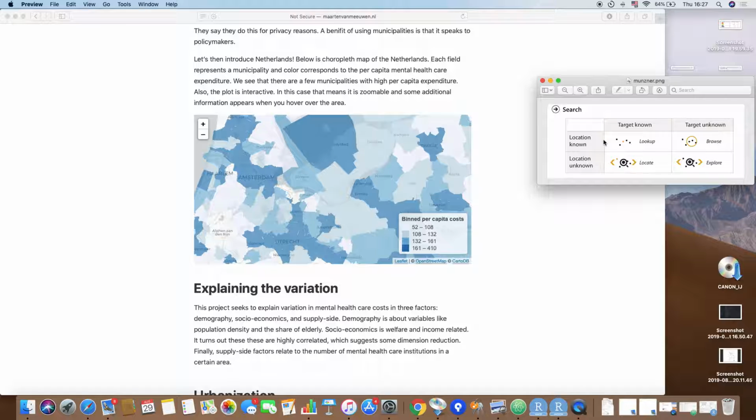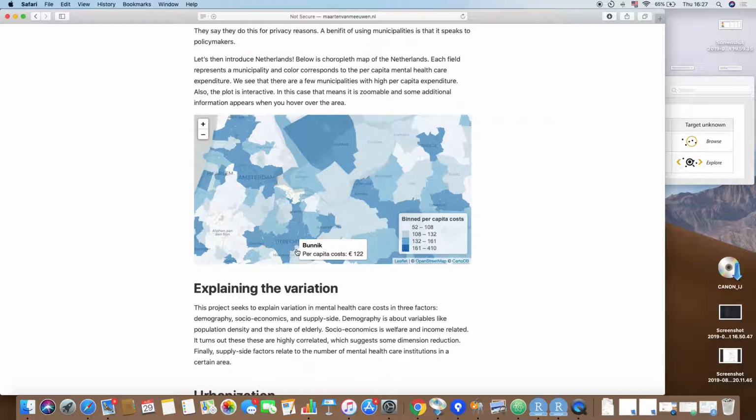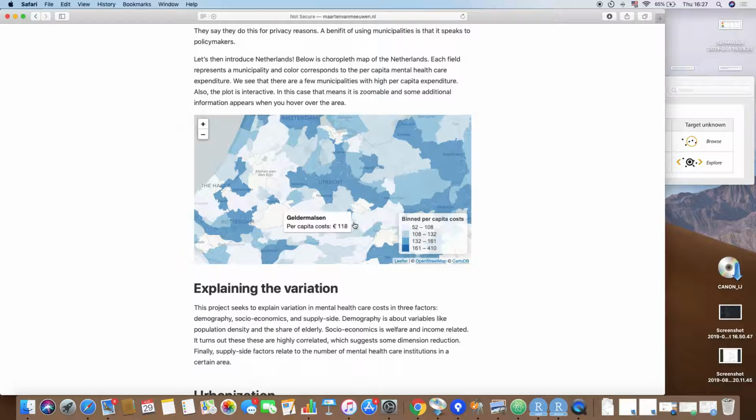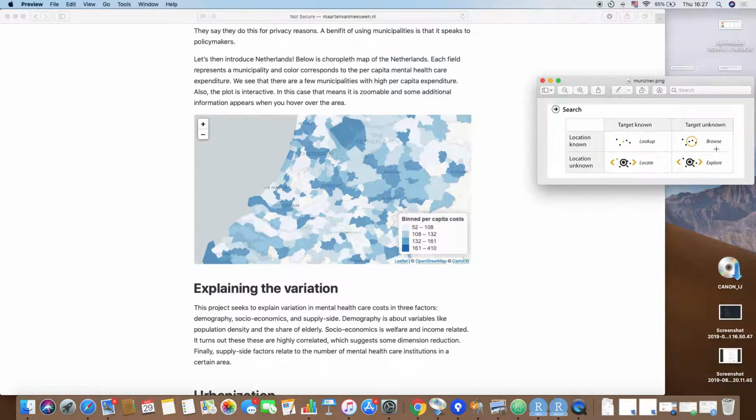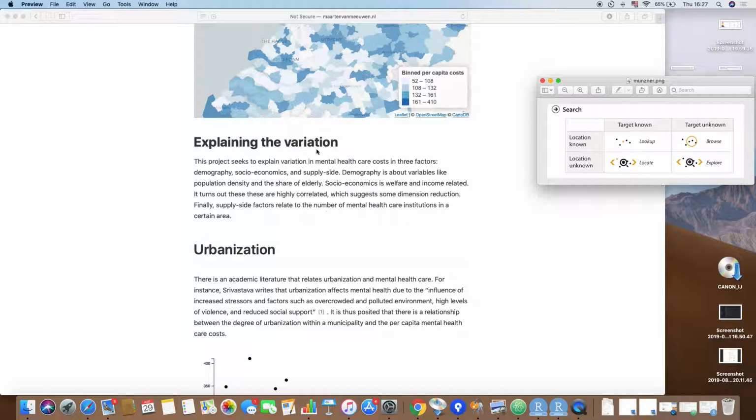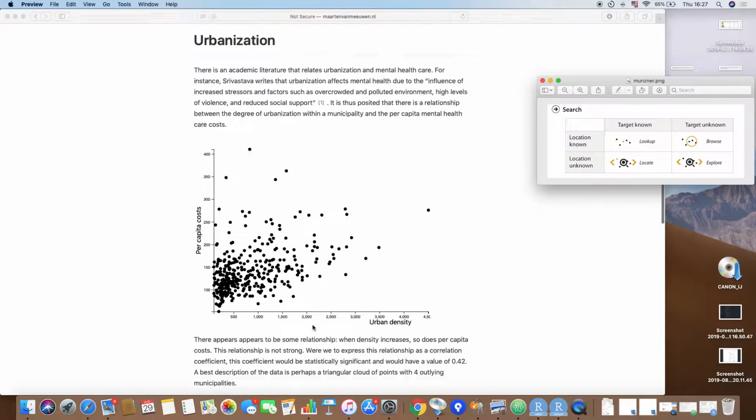They have familiarity with a map of the country, and the target can be either unknown or known, just browsing around or a lookup. It fits both. Adding a search box or some other things to locate would be too much, and would make it too complicated.